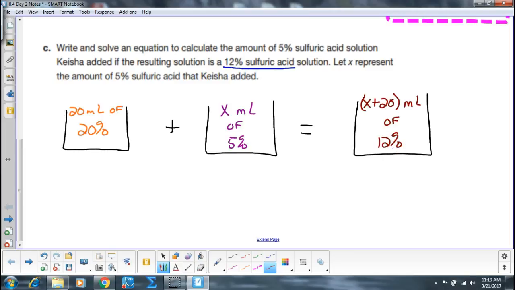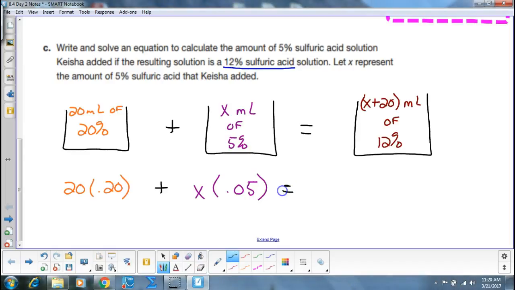Okay. With me? So let's do acid again. Acid concentration. So the acid over here is going to be 20 milliliters at 0.20, plus I'm going to have X milliliters at 0.05 concentration.